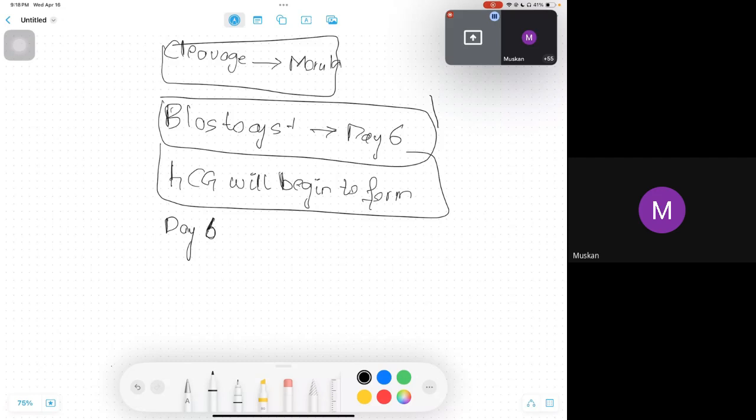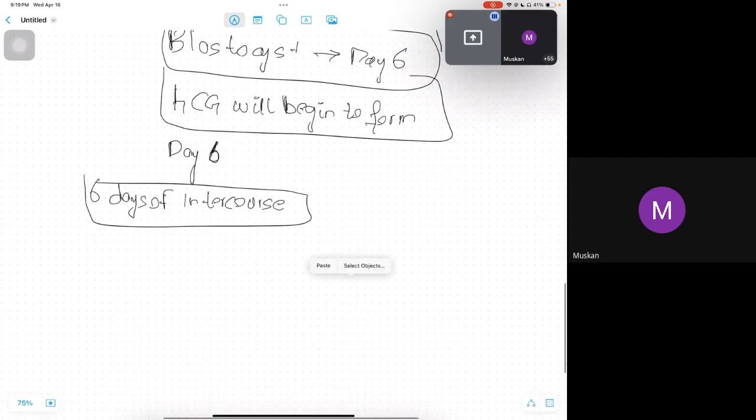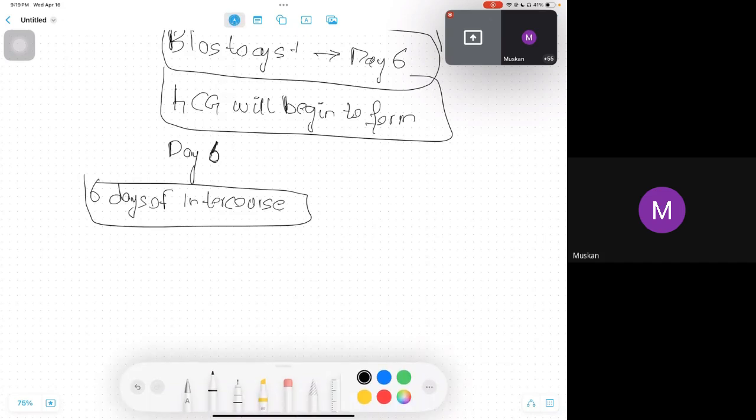So after 6 days of intercourse, you can know by HCG if the woman is pregnant or not, not before that. Before 6 days, if we go into biostats, we can call it a false negative. So before day 6, there will be no HCG and it will be false negative.